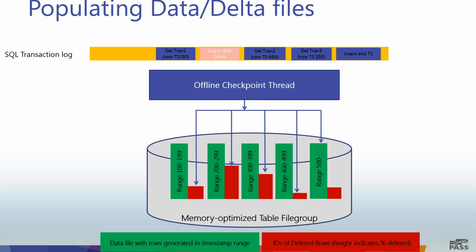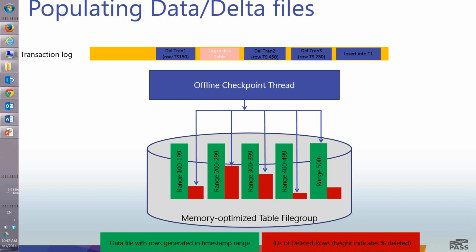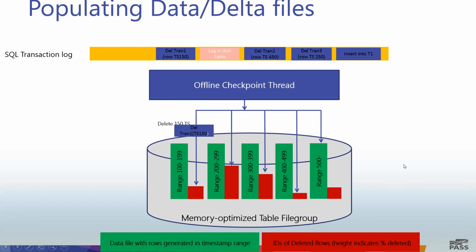We have this offline checkpoint thread for memory optimized tables, which scans the log to find operations on memory optimized tables, and persists that information to disk in the data and delta files. The first log record is a delete with timestamp 110. This will go in the first delta file, on the left, because it has range 100 to 200.